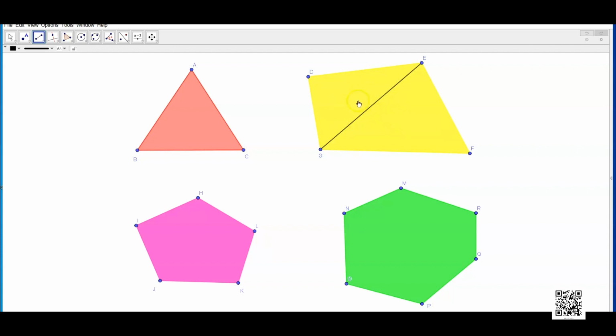Now I know that there are two triangles now, that is D, G, E and E, G, F. And by my angle sum property of triangles, I know that the sum of the angles of this first triangle D, G, E will be 180 degrees, and similarly the angle sum of this triangle GFE will be equal to 180 degrees.